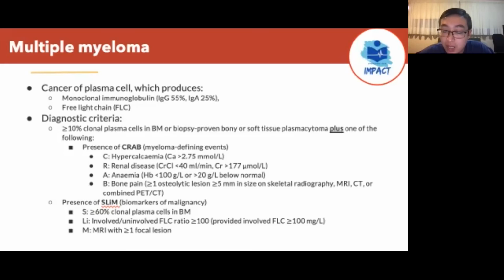Because you have these neoplastic plasma cells dividing out of control in the bone marrow, the bone marrow is packed full of them. And so red cells don't actually have room to develop in the bone marrow. So erythropoiesis cannot happen, and this results in classically a normocytic normochromic anemia.